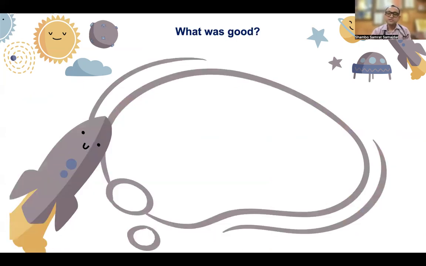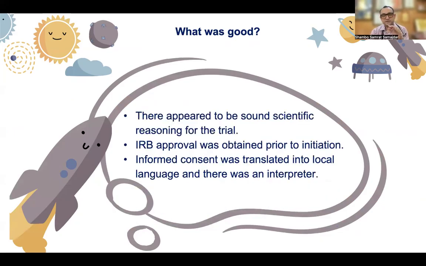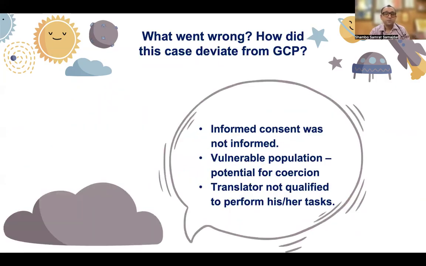So what was good in this case? Yes, obviously, there was sound scientific reasoning for this trial. They took the IRB approval before initiation. The informed consent was translated into the local language, and you had also hired an interpreter. But why did it go wrong?